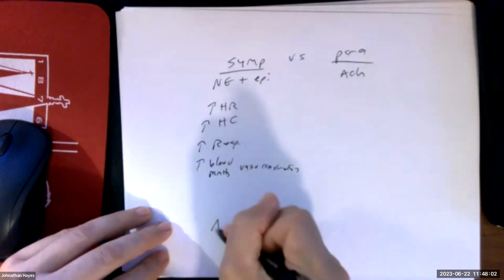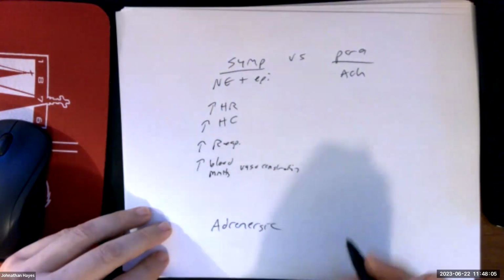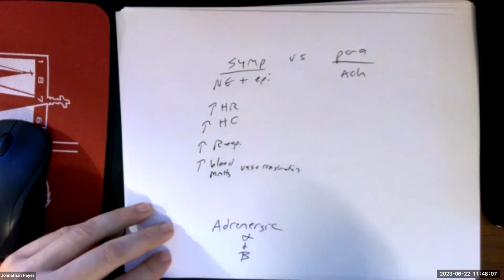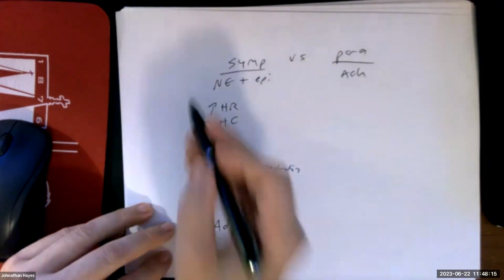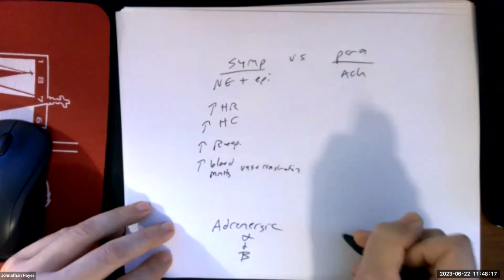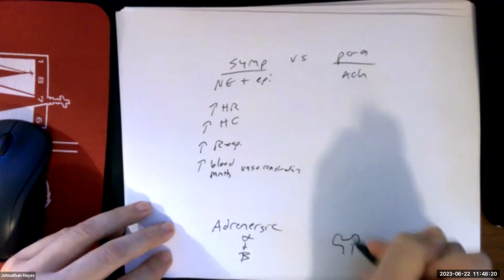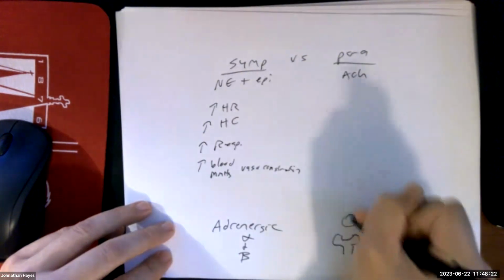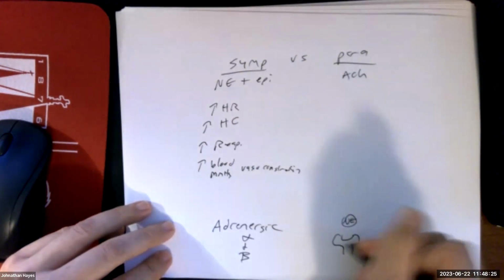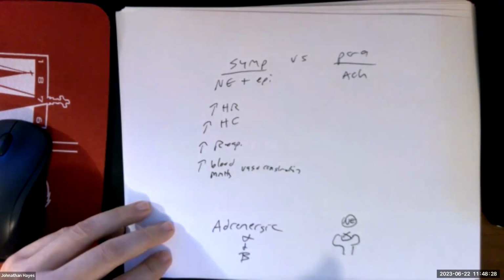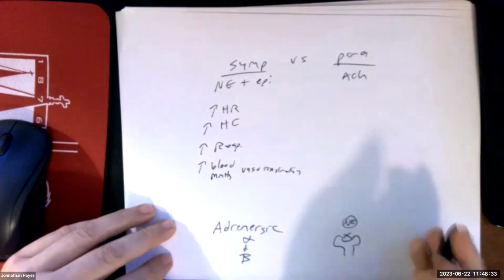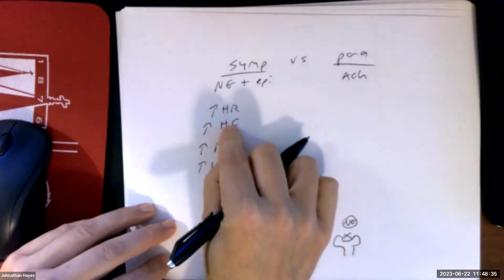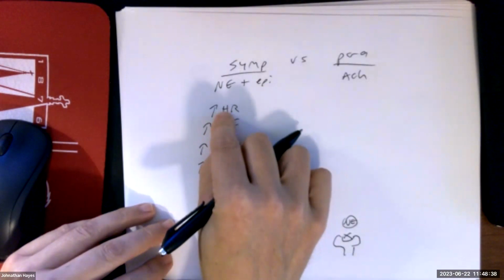And sympathetic receptors are called adrenergic receptors, and there's two types, alpha and beta. So if I'm a beta blocker, that means I'm blocking beta adrenergic receptors, so they can't receive norepinephrine or epinephrine. So the receptor site that's supposed to be receiving norepinephrine or epinephrine is blocked by the beta blocker. So that's going to decrease heart rate and decrease heart contractility.